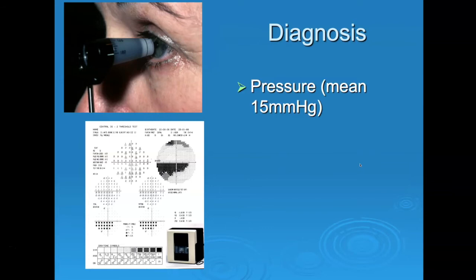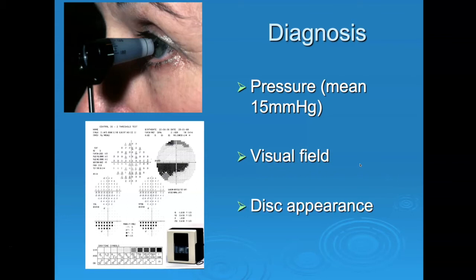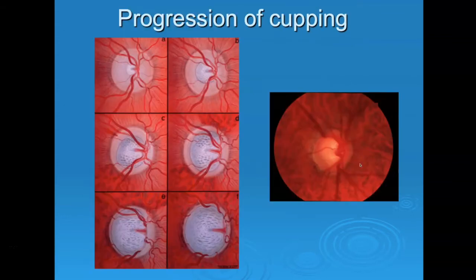We diagnose it by testing the pressure of the eye, recording the field of vision of the eye, and looking at the optic disc. And so here's an example of an optic disc where the optic disc size is there, but the cup of the optic disc is very small there. So that is a normal functioning optic nerve with all this representing the retinal ganglion cells which are functioning.